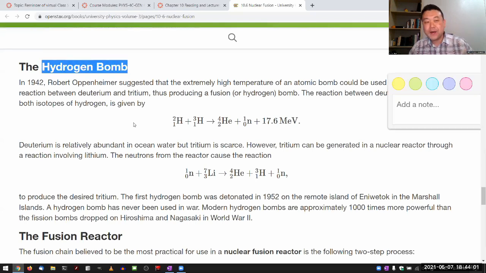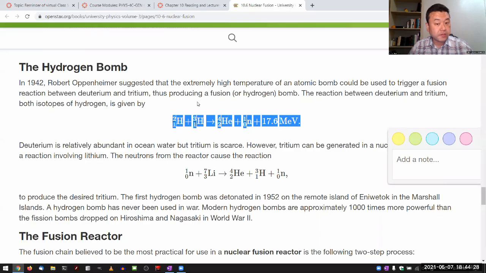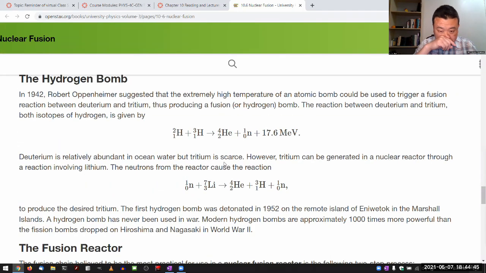It's called a hydrogen bomb because hydrogen bombs contain a fission bomb in it, and the fission reaction is used to trigger the fusion component of it. And once you trigger the fusion component, it's a self-sustaining reaction, at least until it burns through the deuterium and tritium fuel that's within the bomb.